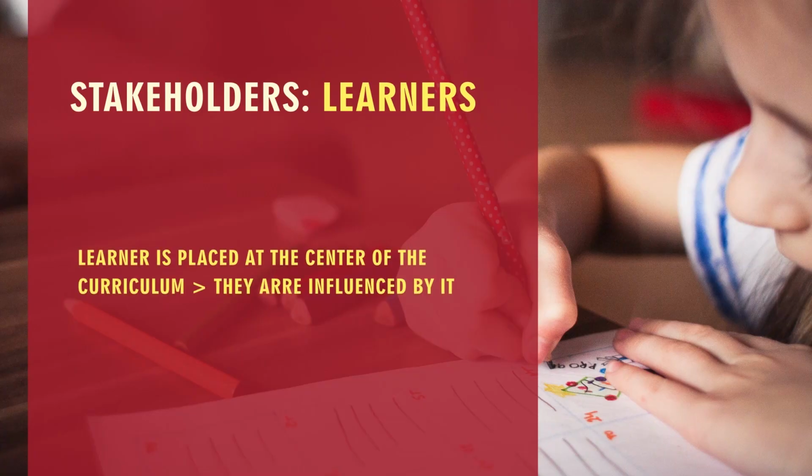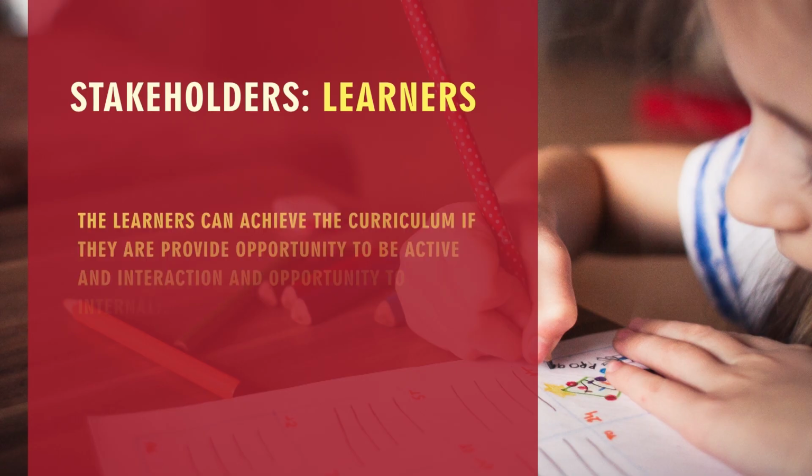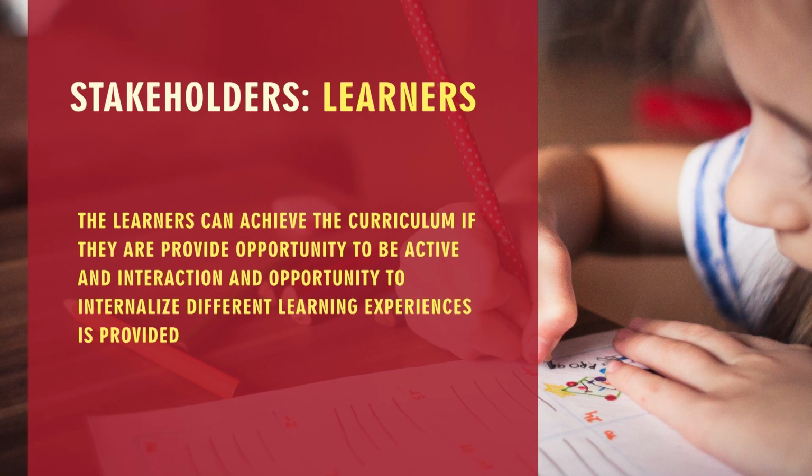Let's start with the first one. Those who are most affected are the learners. The learner is placed at the center of the curriculum. They are the main stakeholders because they are the most affected by it. The learners can learn from the curriculum if they are provided adequate opportunity to have experiential learning, to be active, to be interactive, and to internalize the learning experiences.